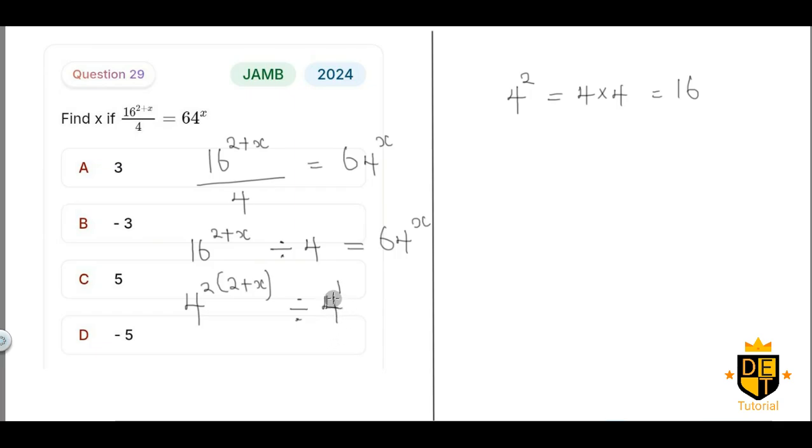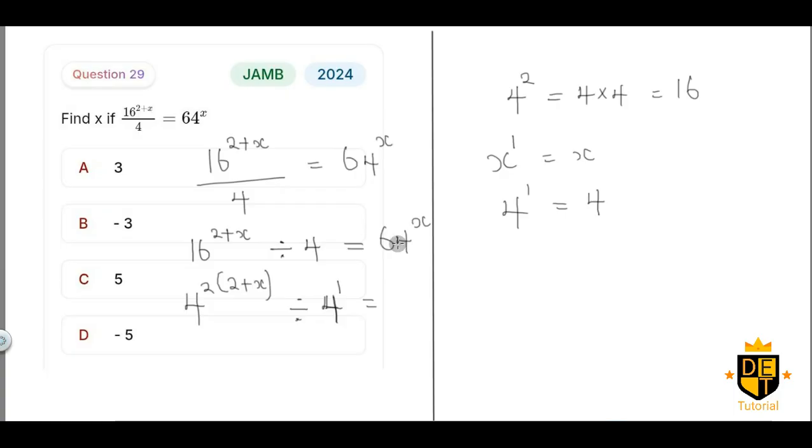In the law of indices, any number raised to the power of 1 is equal to that number. So 4 raised to the power of 1 is 4, and therefore 4 is the same thing as 4 raised to the power of 1.